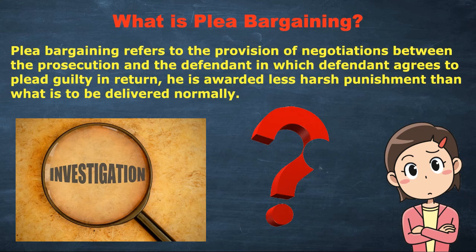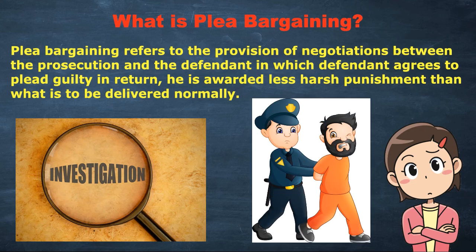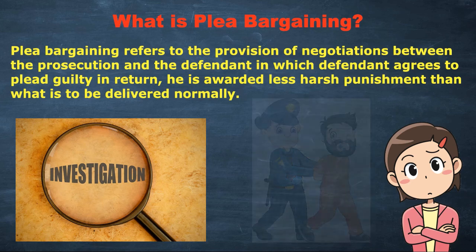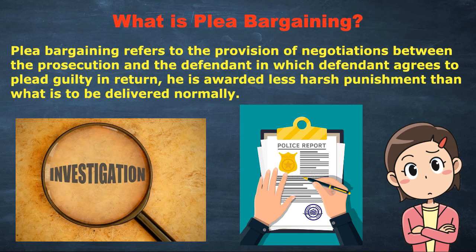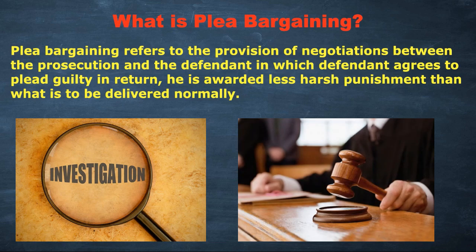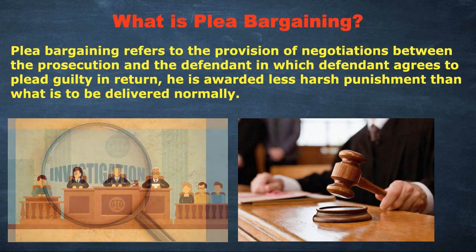So what are the steps that police officers follow while investigating the case, and once the police officer has completed the investigation process, he prepares a detailed report of his investigation and submits it to the judicial magistrate, and then the judicial magistrate, if he thinks necessary, also does some inquiry, and then the charge is framed to begin the trial.